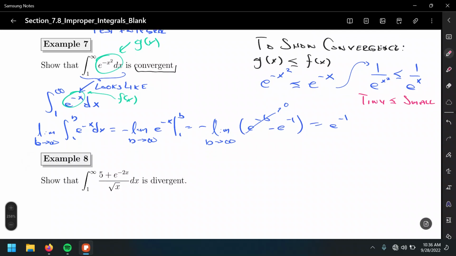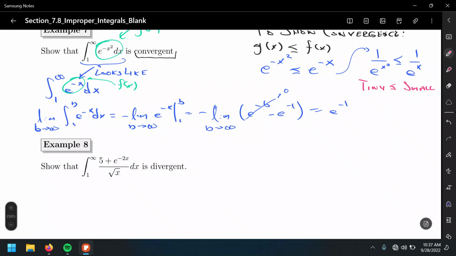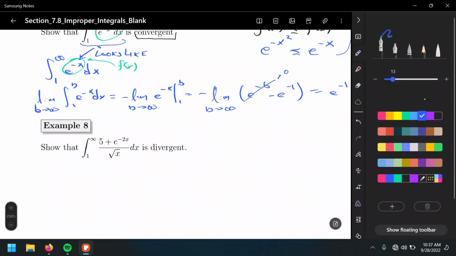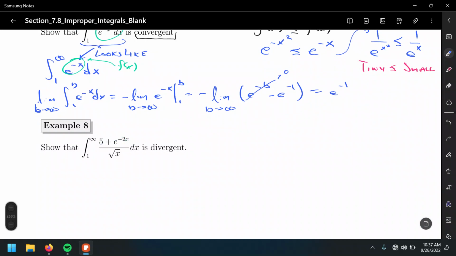In this case, how about if we compare this integral? Let's pretend we don't have the numerator. So it will look like the integral from 1 to infinity of 1 over the square root of x dx.